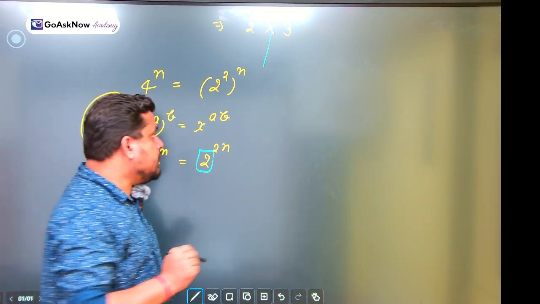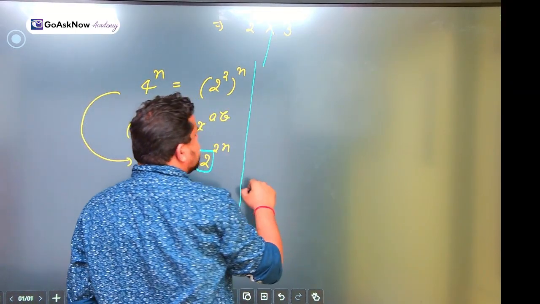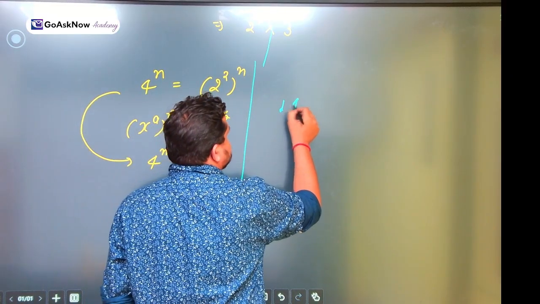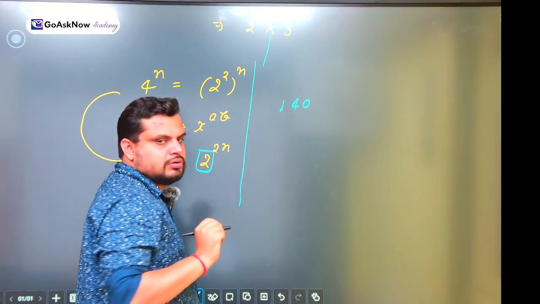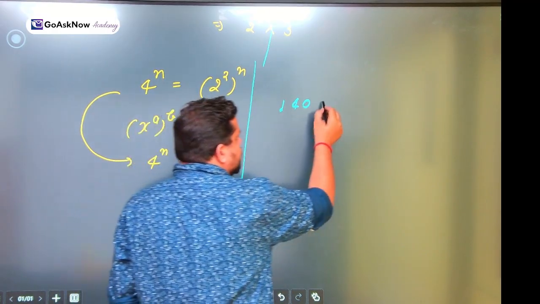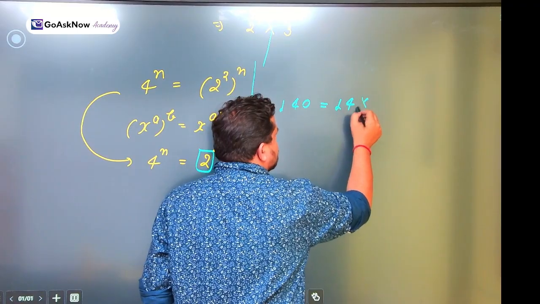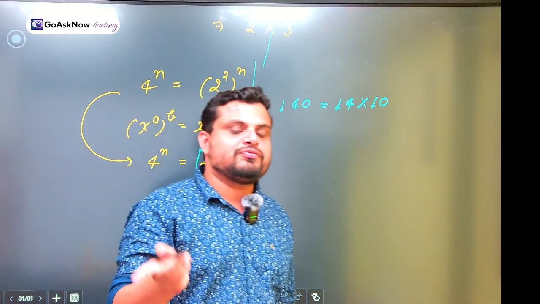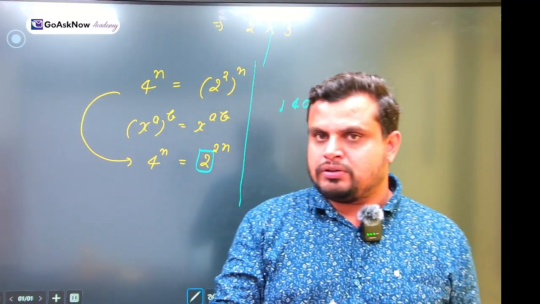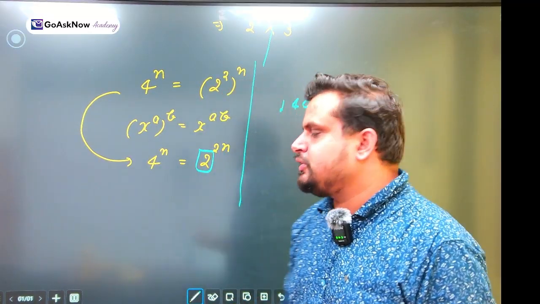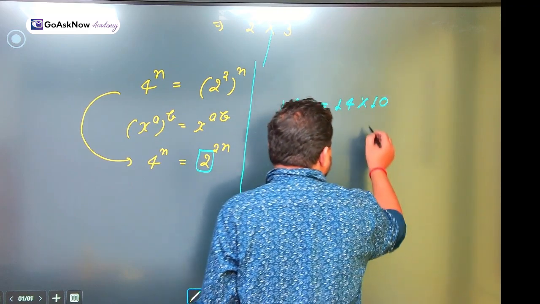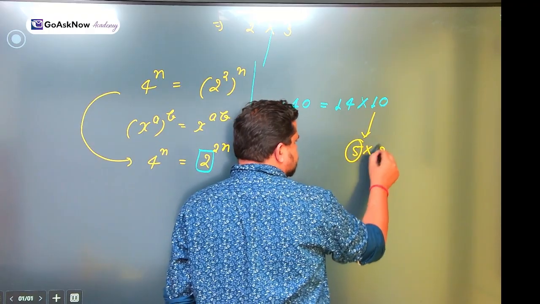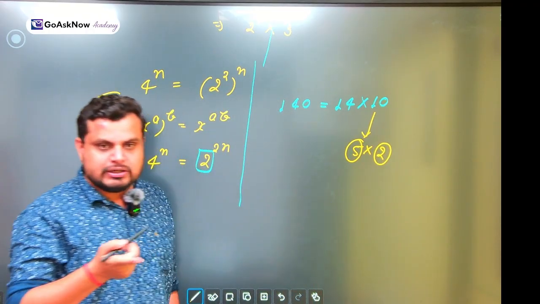Now, any number that ends with 0, suppose a number like 140, must be a multiple of 10, meaning 10 must be a factor of this number. If 10 must be a factor, then in its prime factorization, 5 and 2 must occur.